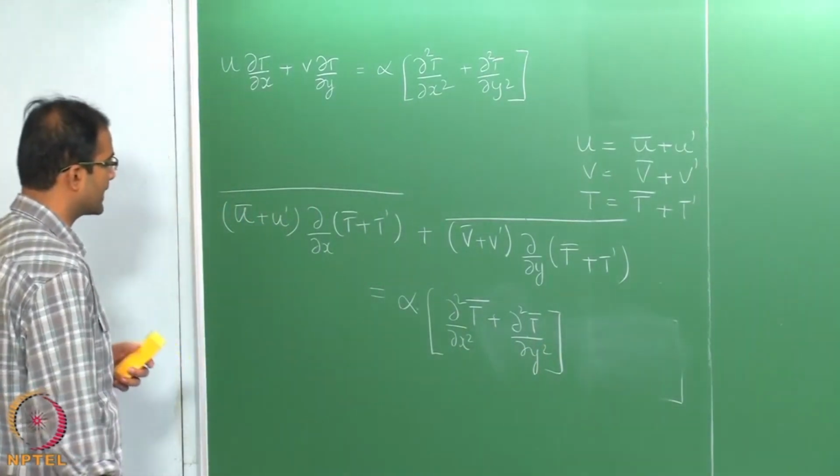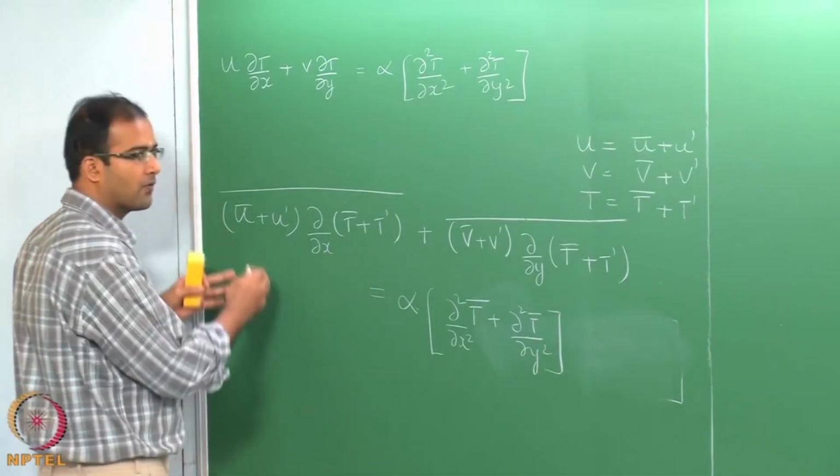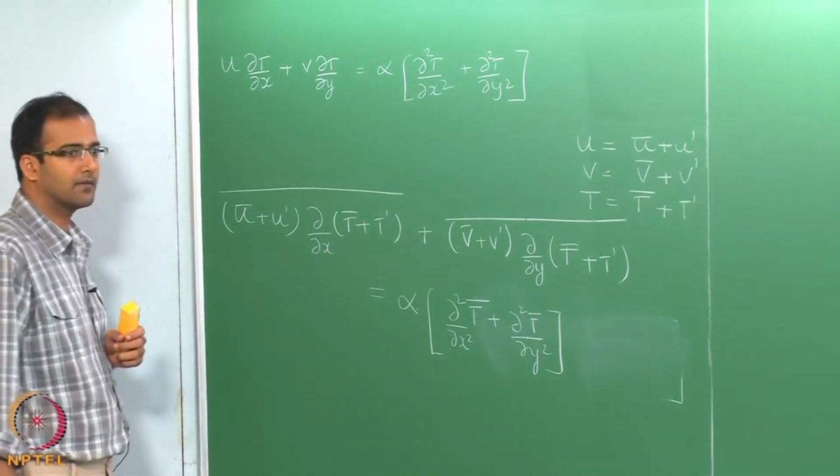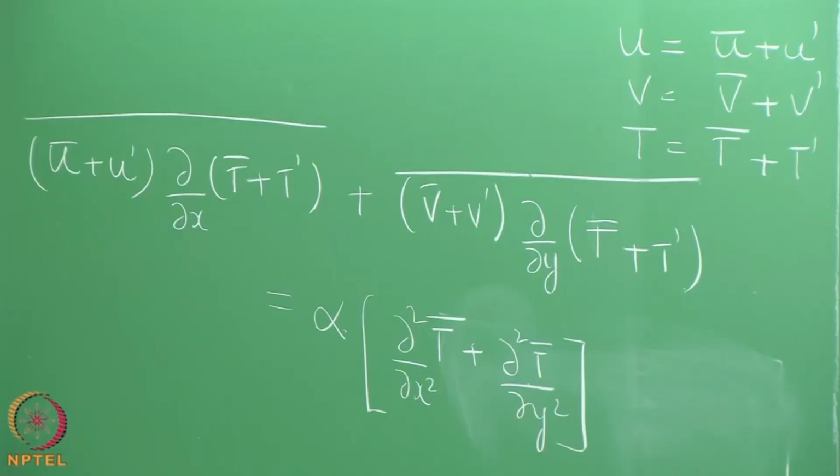Now once again looking at the left hand side, we have 4 terms here, and again we split this the way we did for the momentum equation.